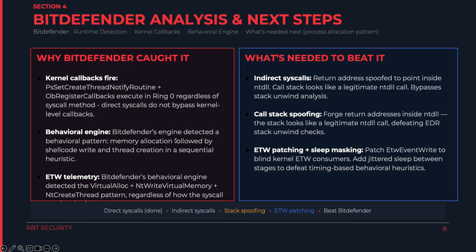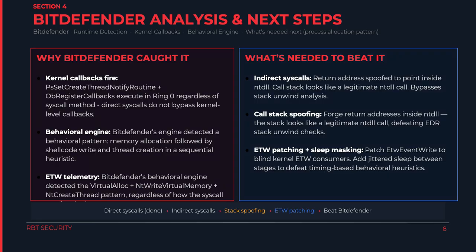What will be the next steps to be able to evade Bitdefender? We have to integrate more techniques: maybe replace the direct syscalls with indirect syscalls, and maybe integrate call stack spoofing, ETW patching, and sleep mask.